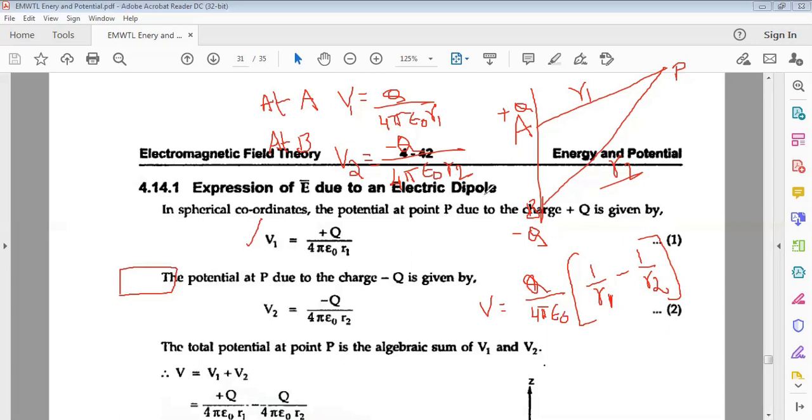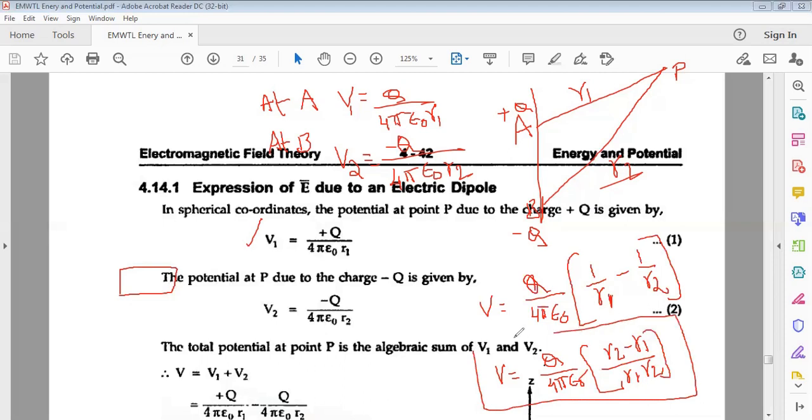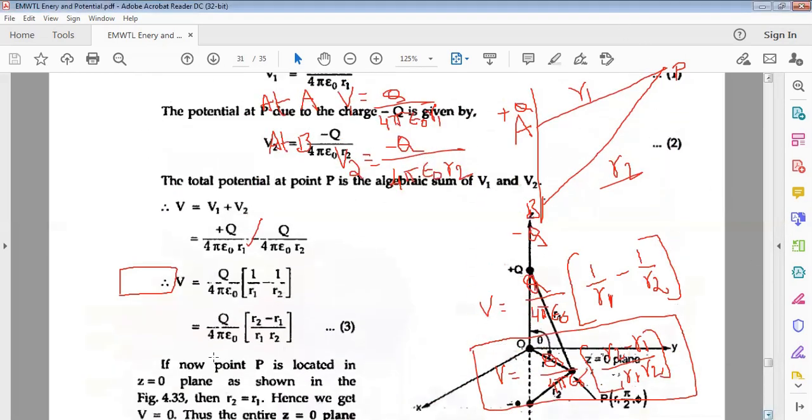So the first one is a positive 1 by R1, the second one is a negative 1 by R2. So V is equal to Q by 4 pi epsilon naught, which we can write as R2 minus R1 by R1 R2. We got the total potential at the point P as the sum of V1 plus V2. So V is equal to Q by 4 pi epsilon naught times R2 minus R1 by R1 R2.